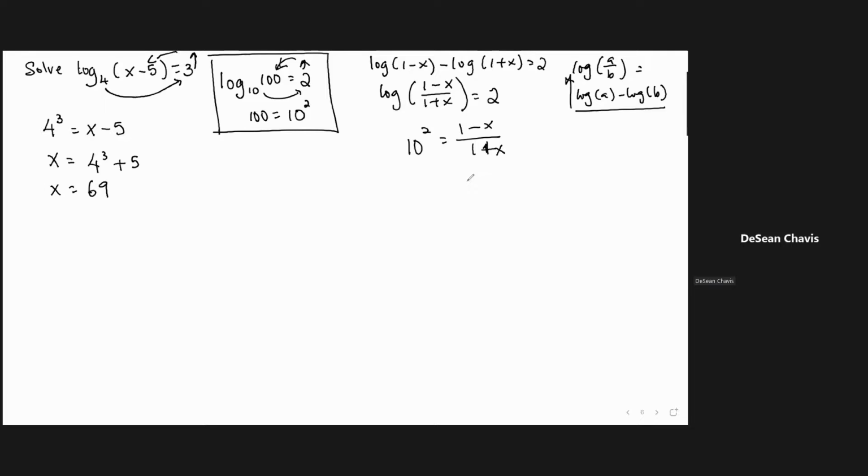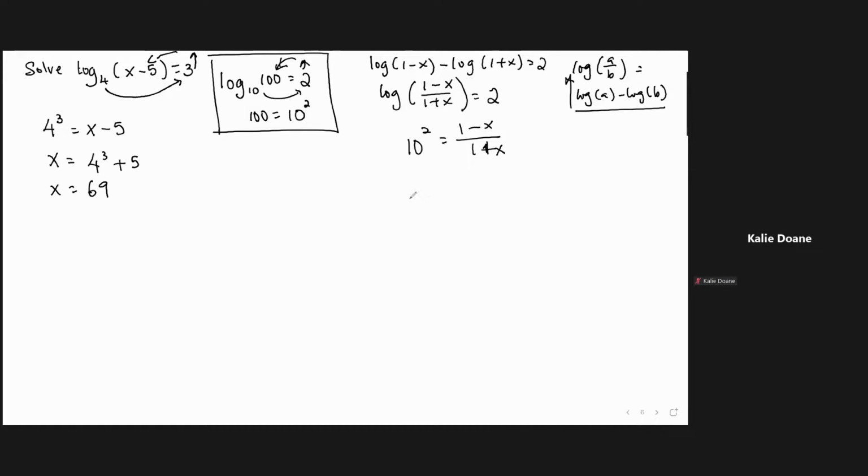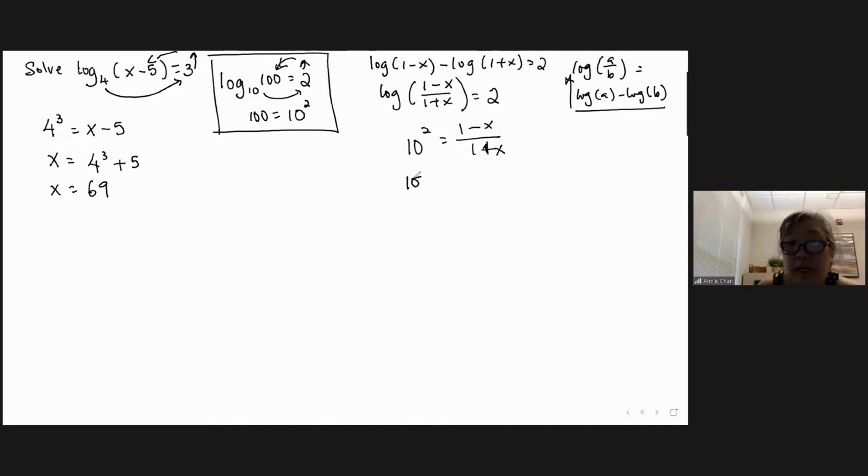Now it's just straightforward algebra, right? So I can expand this to 100 equals 1 minus x over 1 plus x. What do I do next?